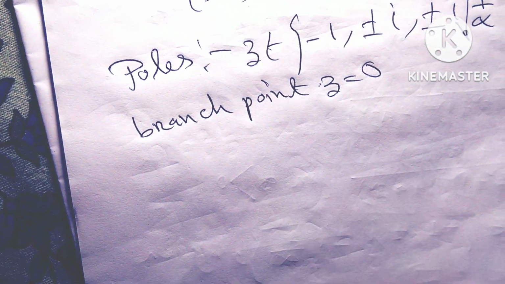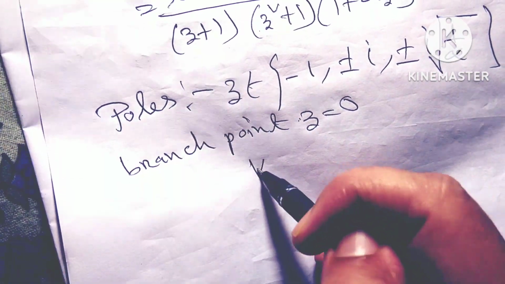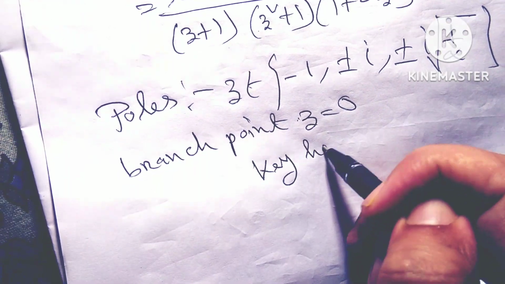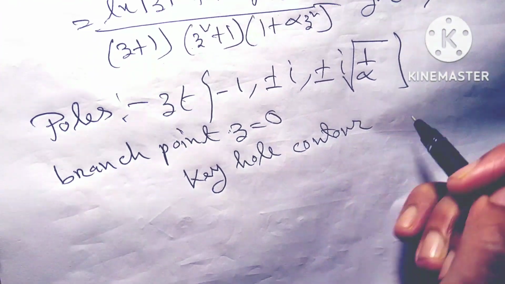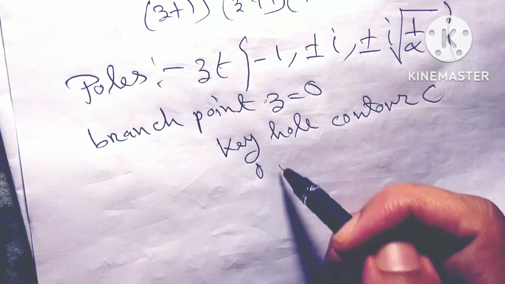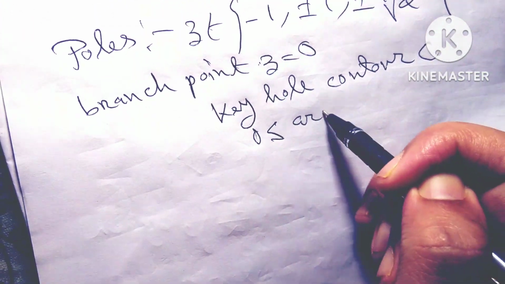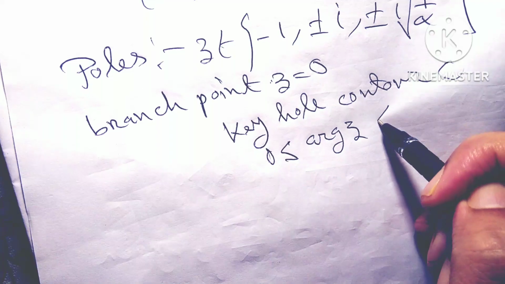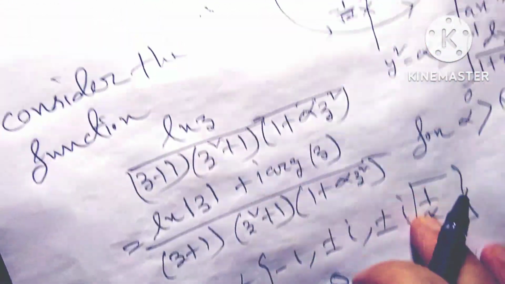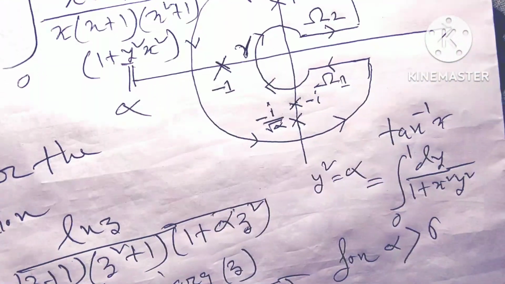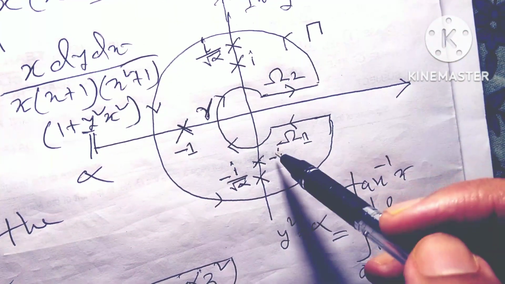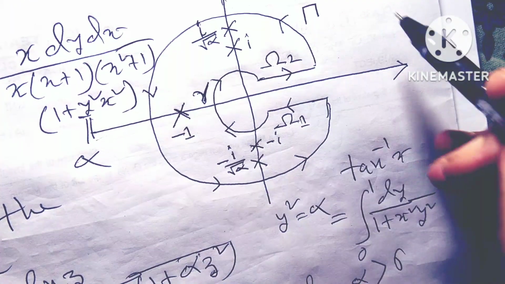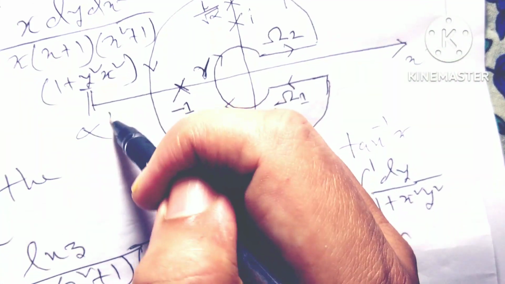So this is the keyhole contour C, where argument of z is greater than 0 and less than 2 pi. So friends, you can see this is my circle, this is the imaginary axis, this is the real axis x and x dash.